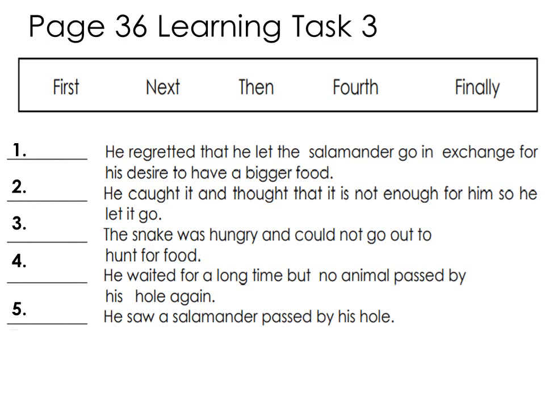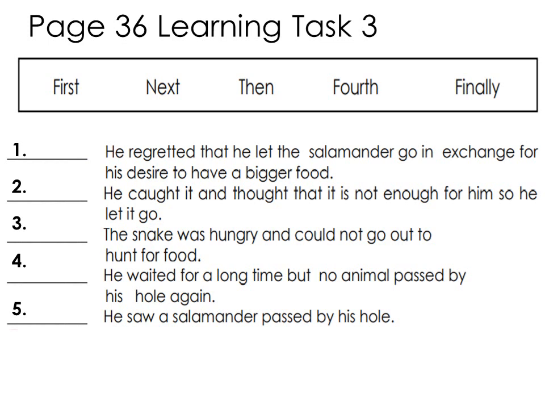Number 4, he waited for a long time but no animal passed by his hole again. Number 5, he saw a salamander pass by his hole. So what is the first, next, then, fourth, and finally? Okay? So if you're not yet done, click the pause button. And if you're done, click the play button to know the answers.